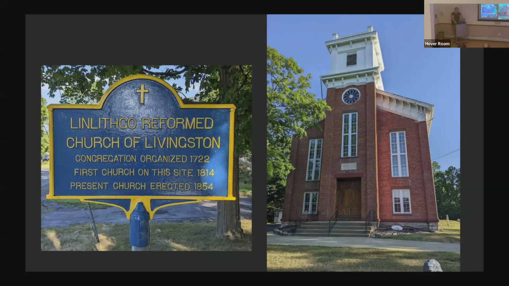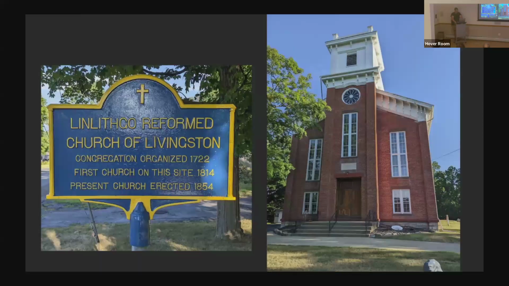And then after the war, to reconcile, John McKinstry became a mover and shaker in the early years of Hudson, New York. And Joseph Brant visited Hudson at least once or twice after the war and visited with McKinstry.